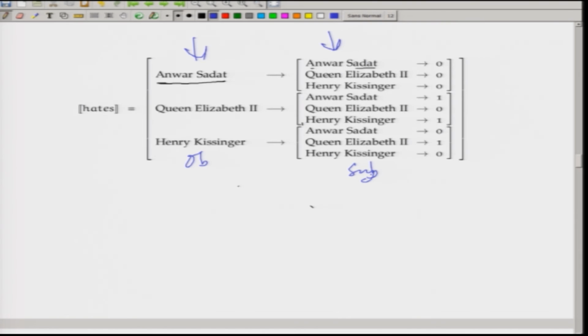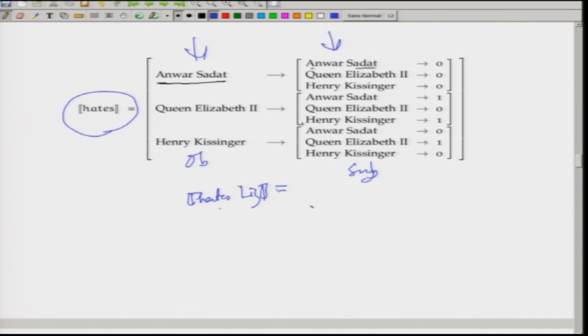We have brought QE from the old page, because we are considering this construction hates Liz, which means this function hates. So, let us pretend that there is no Hank here. This is the function, like we are considering this. So, hates now takes something, right.